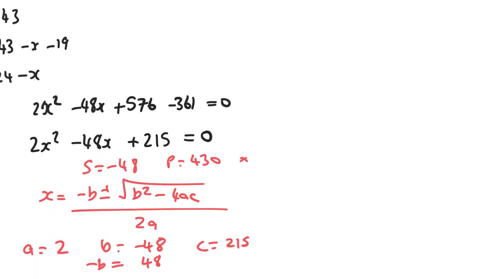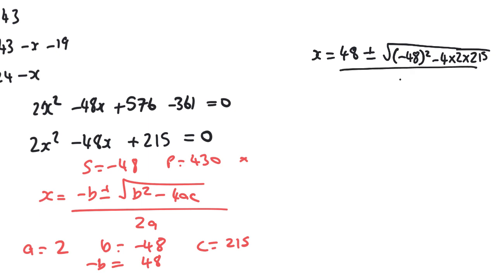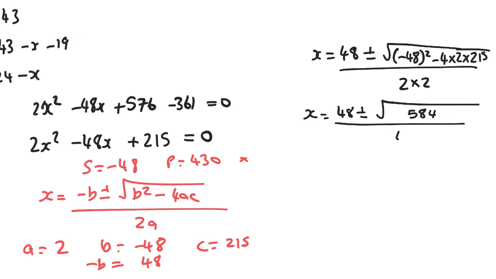So if we substitute those into the quadratic formula, we get that x equals minus b, so that's 48, plus or minus the square root of minus 48 squared, but to do that we need to put it in a bracket, minus 4 times 2 times 215, all over 2 times 2. So x is going to be 48 plus or minus the square root of 584 over 4.